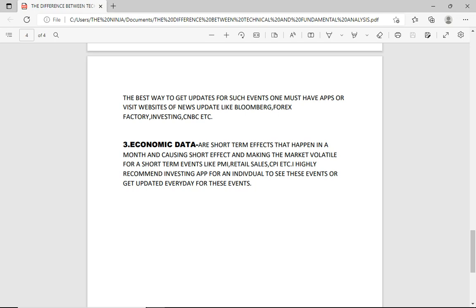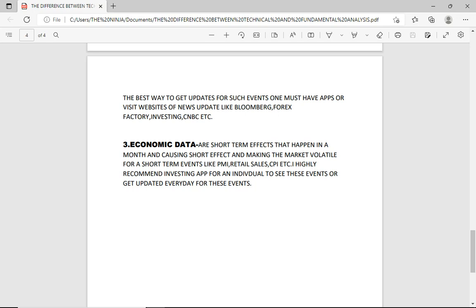Economic data are short-term effects that happen within a month, causing short effects and making the market volatile for short-term events. Events like PMI, retail sales, CPI, etc. I highly recommend the Investing app for an individual to see these events and get updated every day.